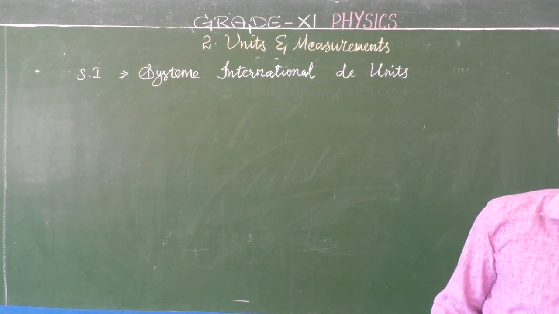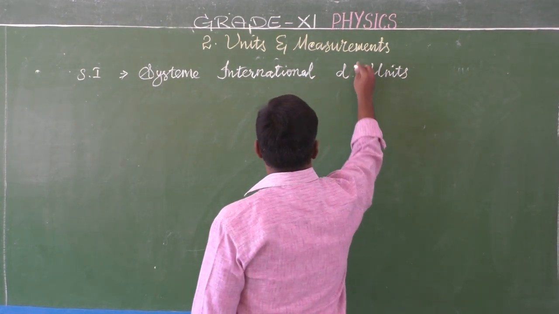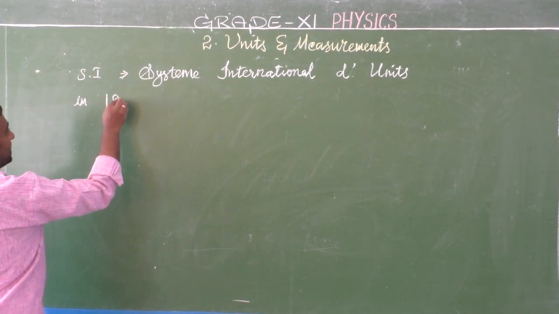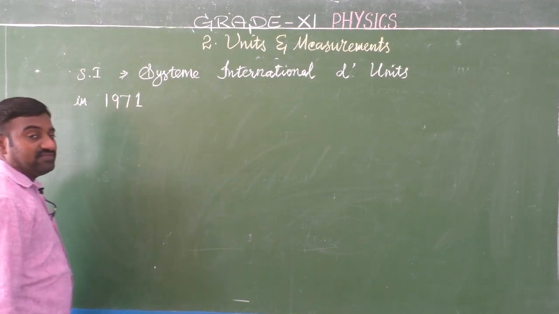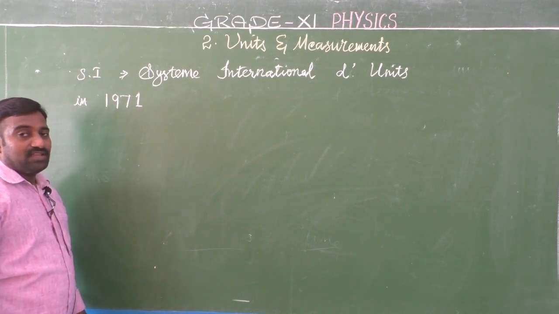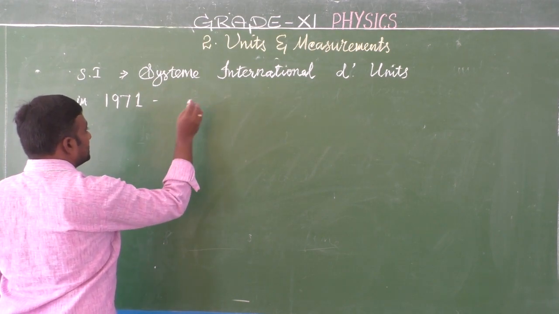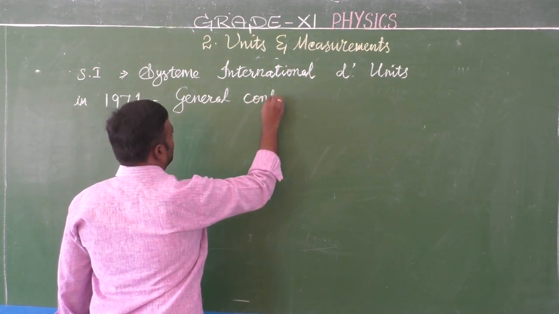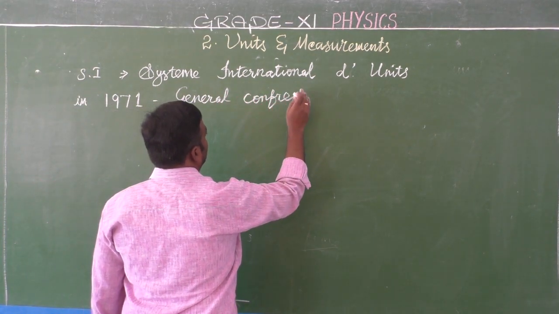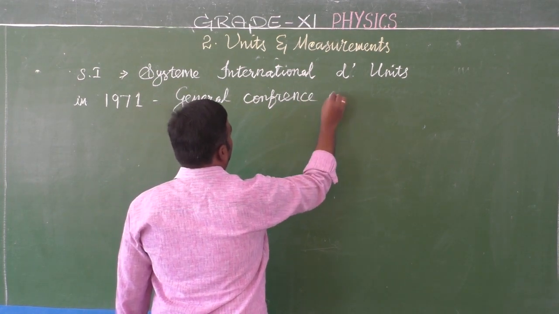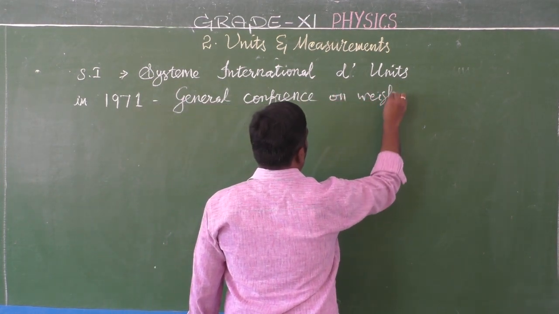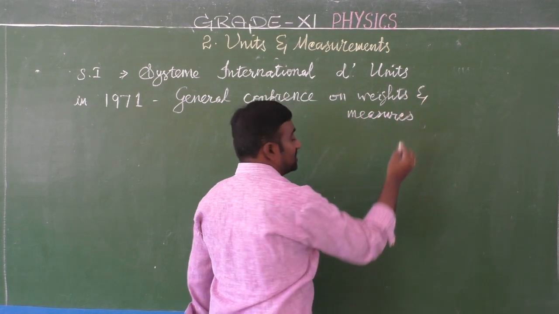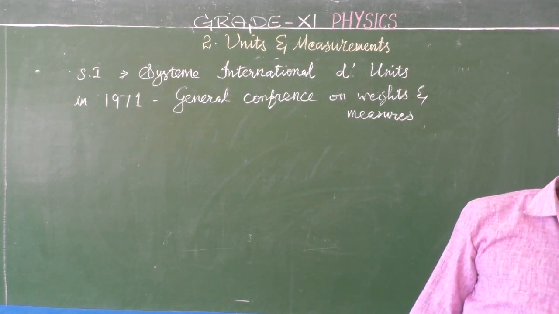So they introduced the SI system in 1971. There was a conference held in France. The name of the conference is the General Conference on Weights and Measures.